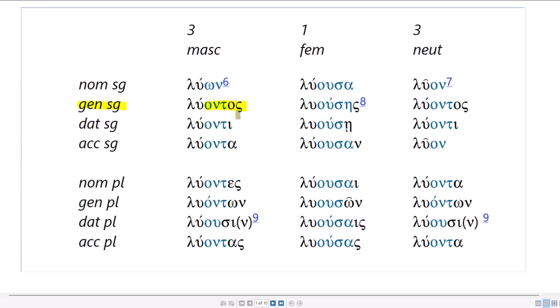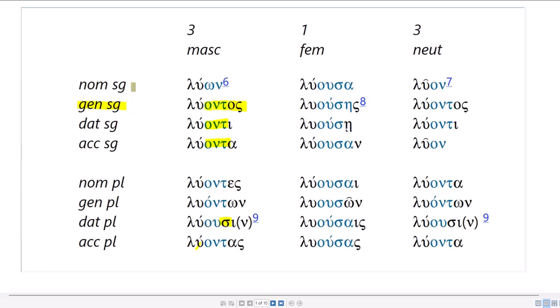So we have luontas. Similarly, we have the omicron nu tau, all the way down. The only place where the ont doesn't appear is here for the dative plural, and that's because of the sigma. The sigma causes some changes to that ont, and we end up with lousin.